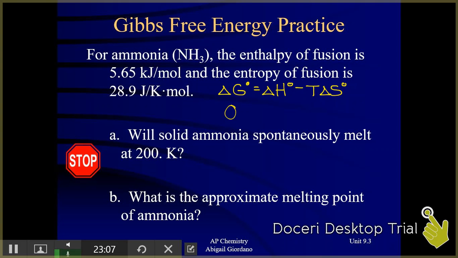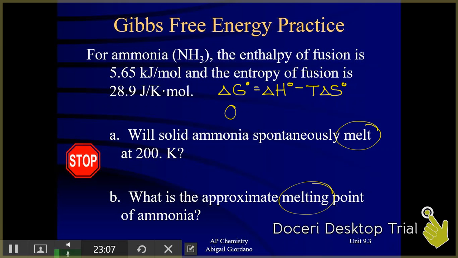Ladies and gentlemen, delta G equal to 0 means you are at equilibrium. Let me say that again. When delta G is equal to 0, that means you're at a place of equilibrium. One of the places that you will very often be at equilibrium is when a substance is going through a phase change, like melting, for example, or boiling.